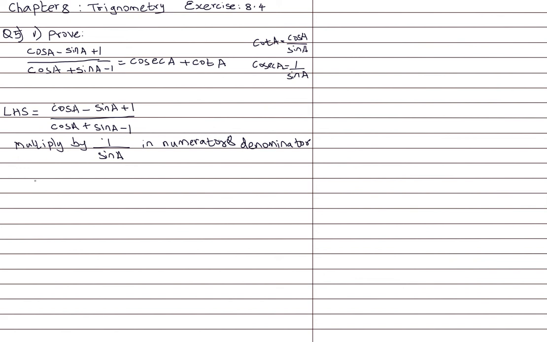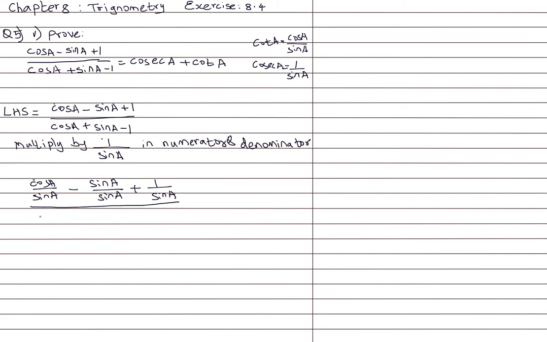Okay. So what we will get, cos A by sin A minus sin A divided by sin A plus 1 by sin A. Cos A, I am writing it as cos A by sin A. Sin A, I am writing it as sin A by sin A. And 1, I am writing it as 1 by sin A, divided by.